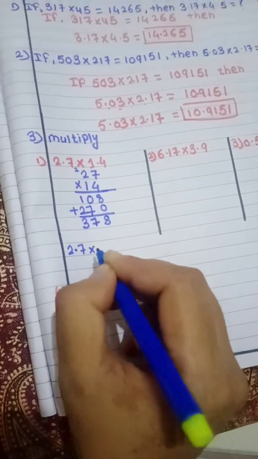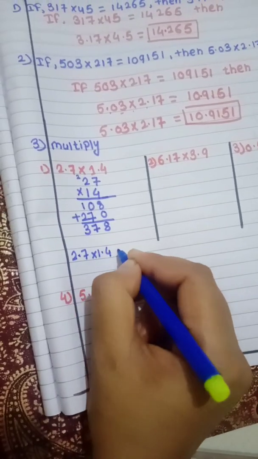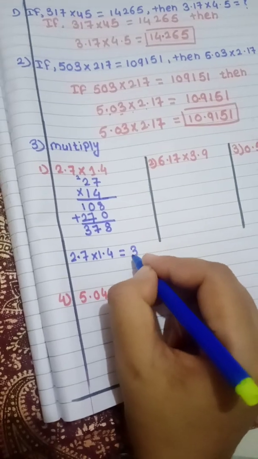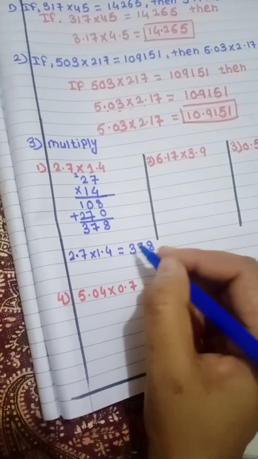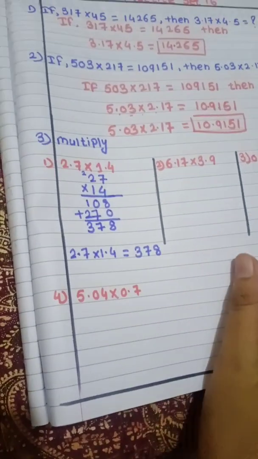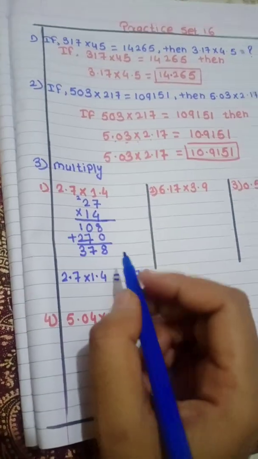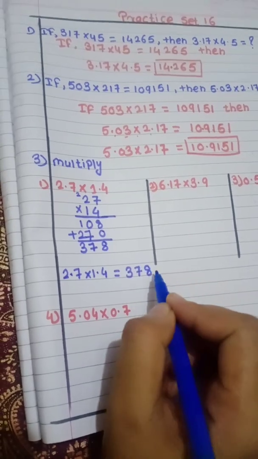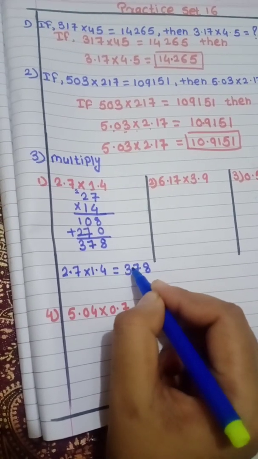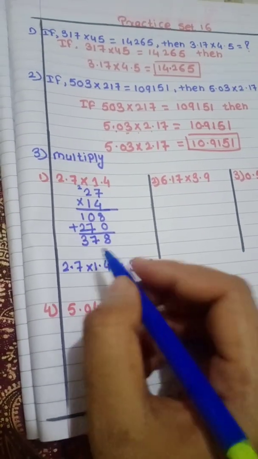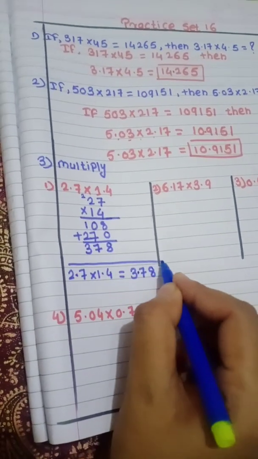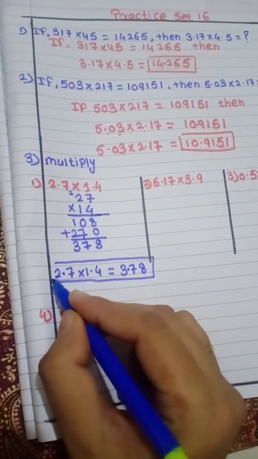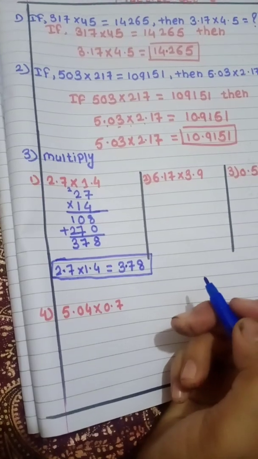So 2.7 multiplied by 1.4 is equal to 378, but I have to give the decimal point. So 2 digits are there after the decimal. So 2 digits. So what is the answer? 3.78. So this is the answer I am getting.